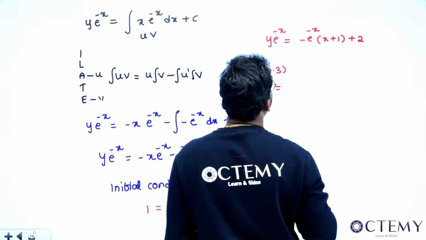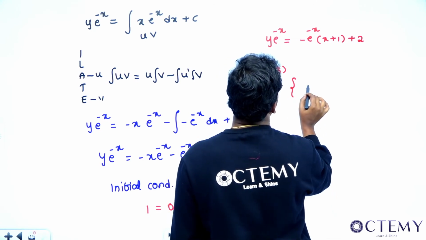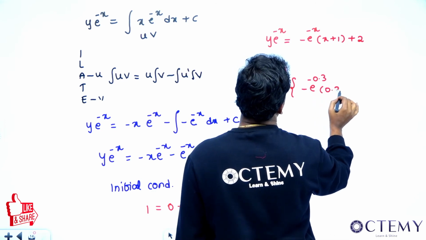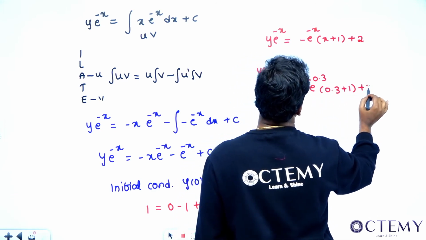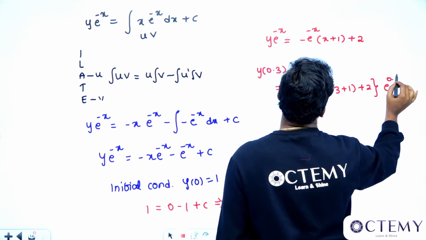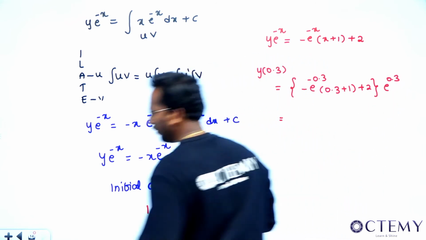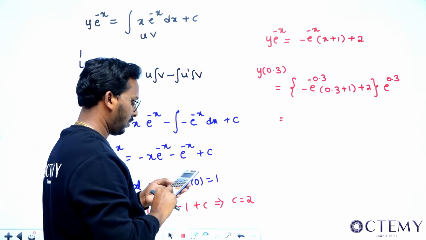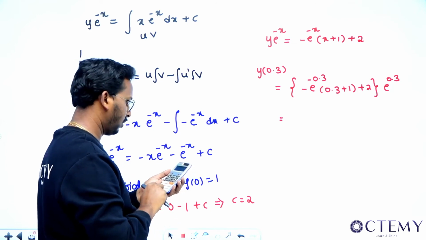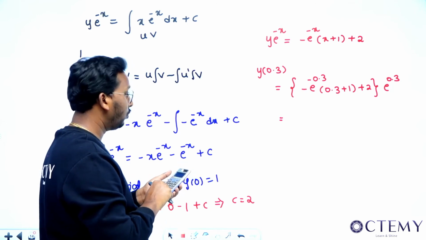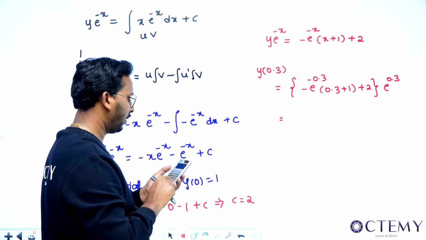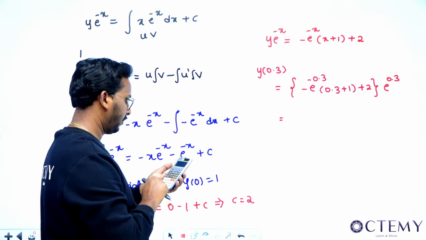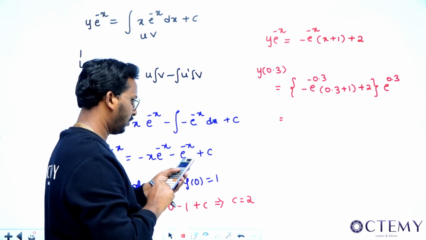You just send the e power minus x to this side, so that will become the whole multiplication: minus e power minus 0.3 into 0.3 plus 1, plus 2, into e power 0.3. So see, sir, if you calculate this, what are you going to get? You will get it as e power 0.3 into minus e power minus 0.3 into 1.3 plus 2.